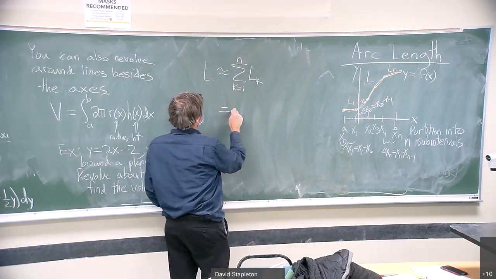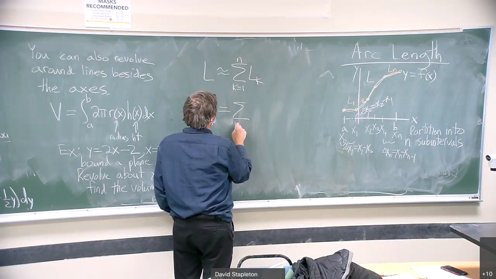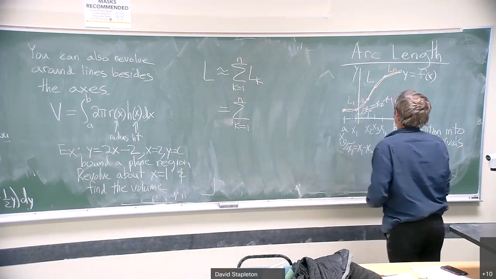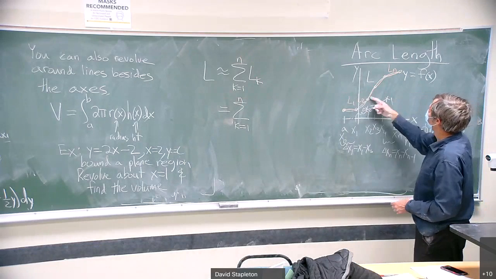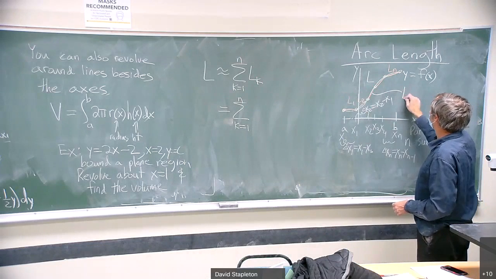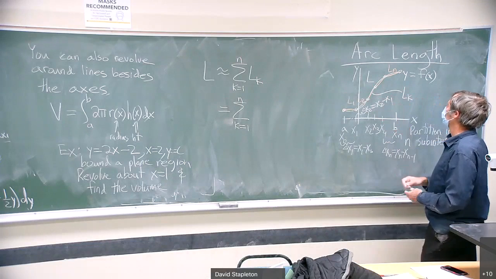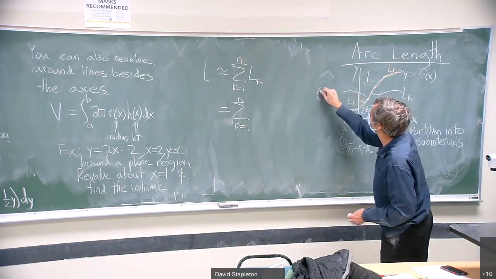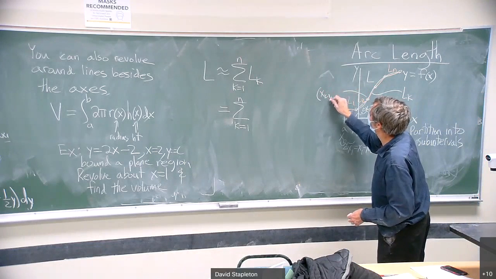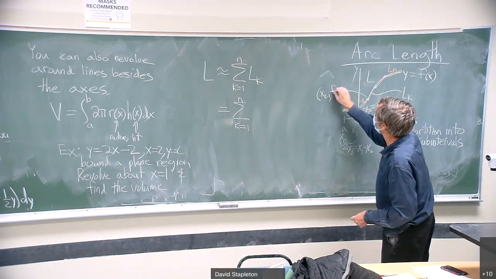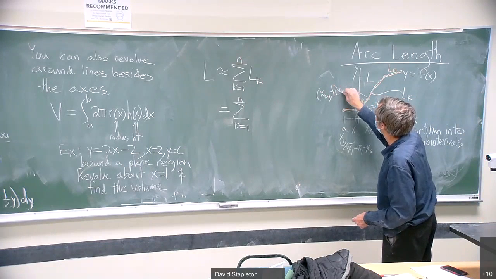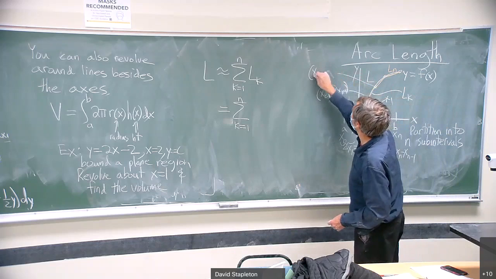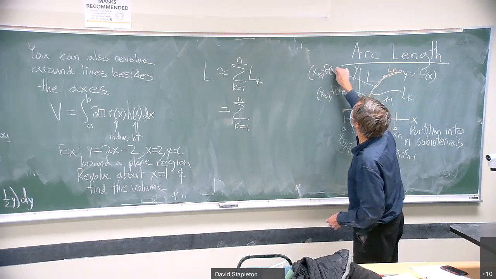But what are these lengths? Well, if we take the kth line segment here, what is its length? It goes from this point here with coordinates xk minus 1, f of xk minus 1, and it goes to the point here with coordinates xk, f of xk.